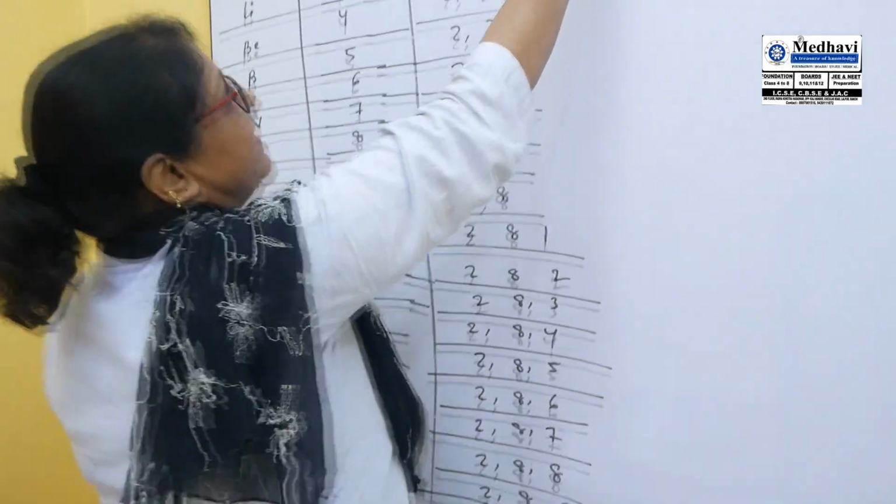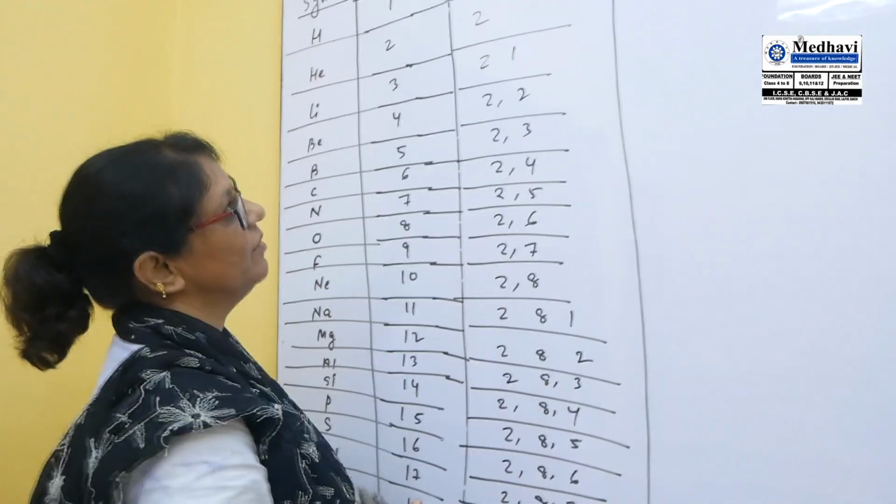So this way we can write the electronic configuration of different elements.